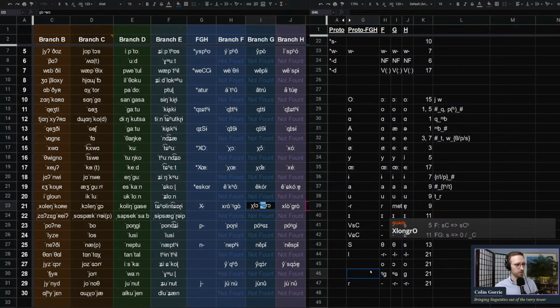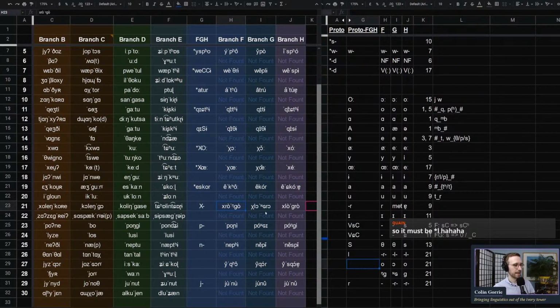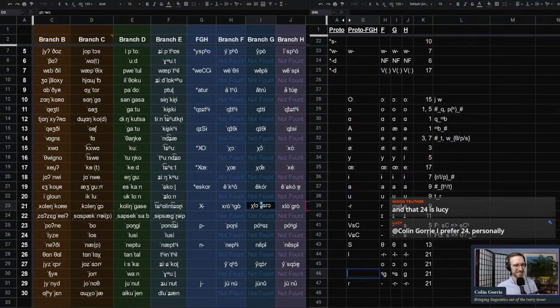And so we then have the question of prenasalization. I think we need it for the proto-language. The question is, is it going to be uvular or velar? That I don't know. But something like this.